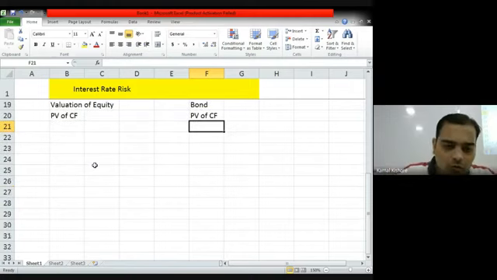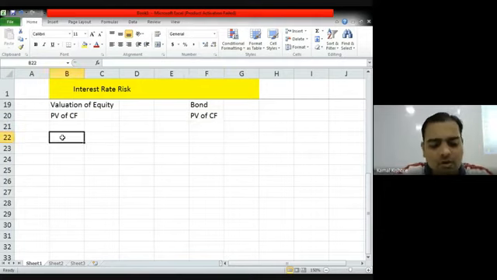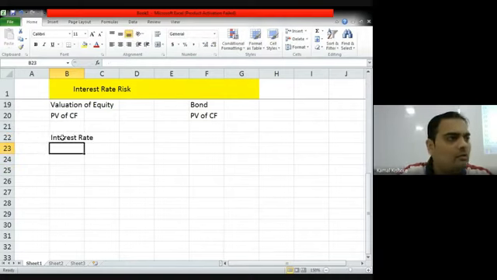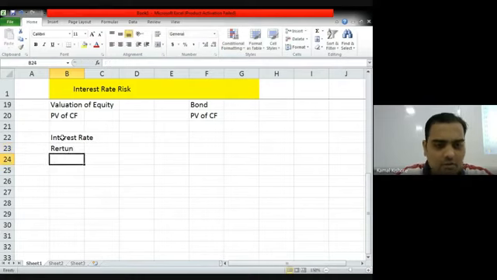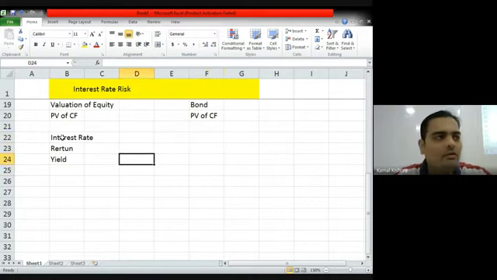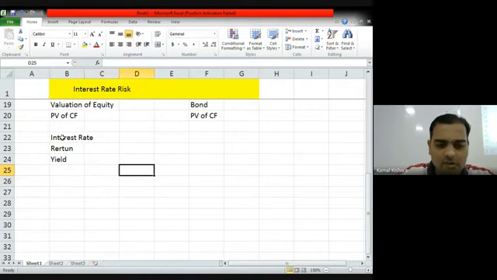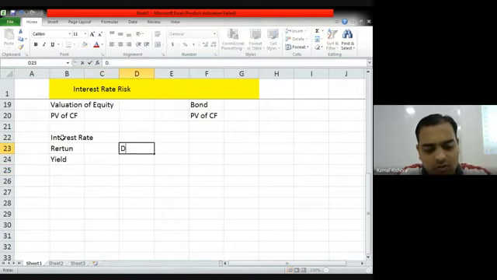So to determine the present value, we need something called an interest rate, a return. This measure is also called yield. These are used as discounting factors.